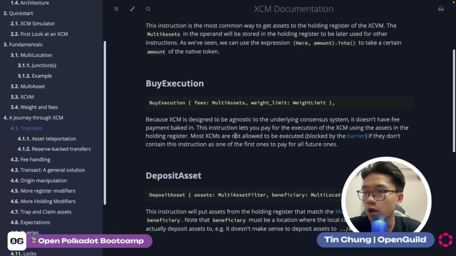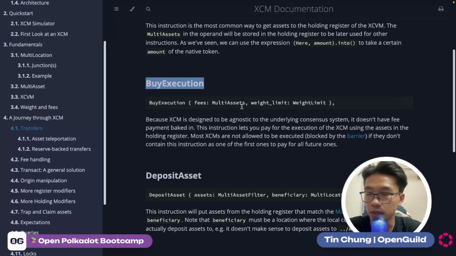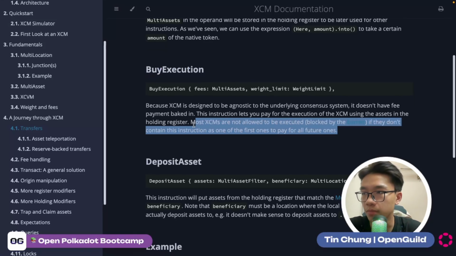Most XCMs are not allowed to be executed, blocked by the barrier, if they don't contain this instruction as one of the first ones to pay for the execution. That means in the XCM executor, there's a configuration called a barrier. We're gonna learn about this later in the XCM executor architecture. But without containing this BuyExecution, most of the instructions won't be executed because you have to pay for the fee.